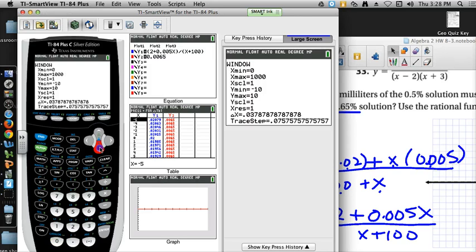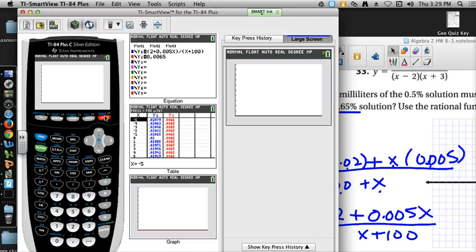So let's try it with 1,000. And then we want a very, very small number. So we're going to go from 0 to, and I think I'm going to go by 0.01, so 1/10. And I will have it graph this in thousandths for a scale. And we'll see if we can see that intersection.